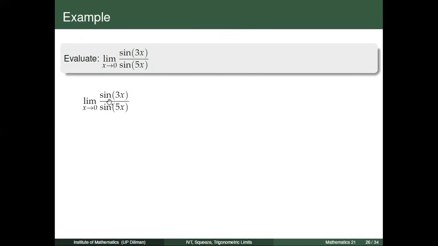Well, we need to pair sine 3x in the numerator with the 3x in the denominator, and the sine 5x in the denominator with a 5x in the numerator. So we multiply and divide by 3x and also by 5x, and then we rearrange expressions. In this case, we get the limit as x approaches 0 of sine 3x over 3x times 5x over sine 5x.